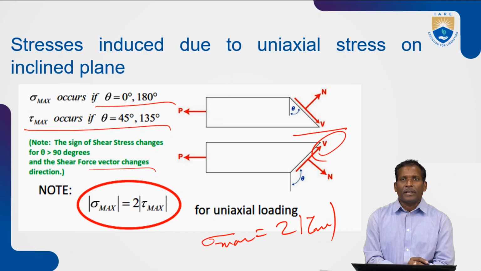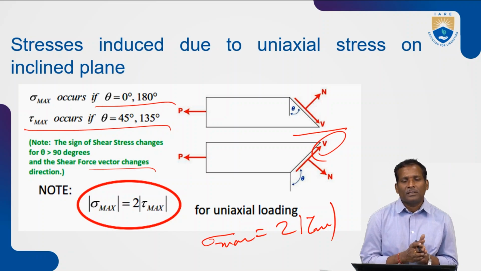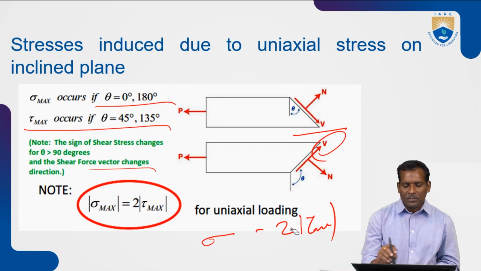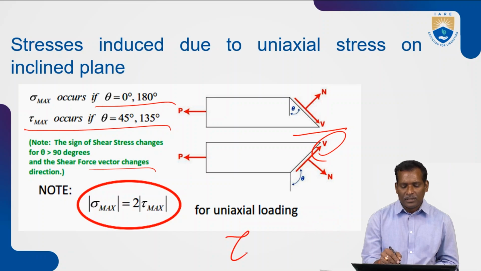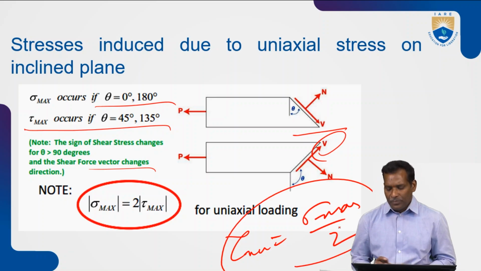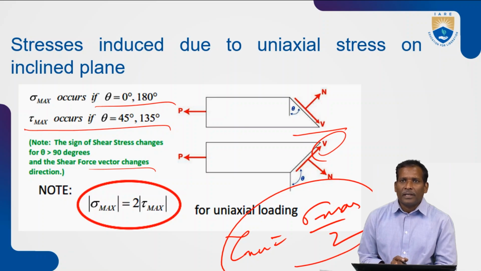For uniaxial loading, finally, the maximum normal stress is equal to 2 times the shear stress, so the maximum shear stress is equal to sigma max by 2, that is half of sigma max. See, in this diagram the inclined plane and the vector notation are also shown.